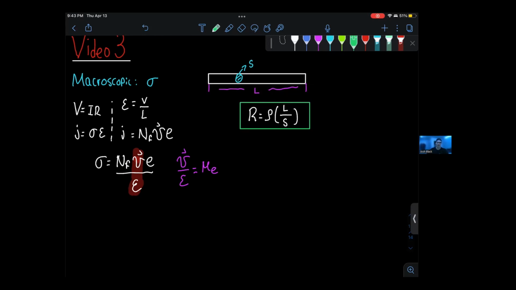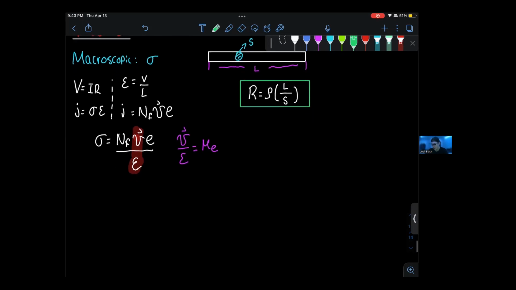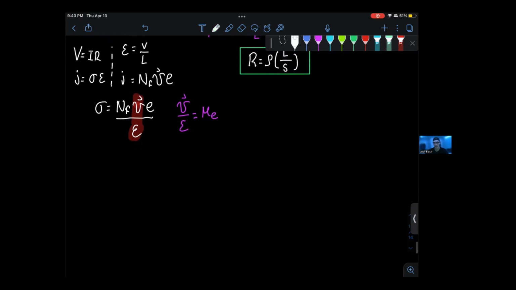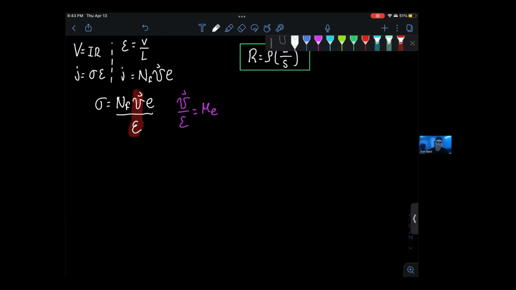Moving on, we're going to talk about how electrons move across a metal and how we know that metals are conductive, what it looks like inside of the metal. And this is going to be using the classical Drude theory of conductivity.